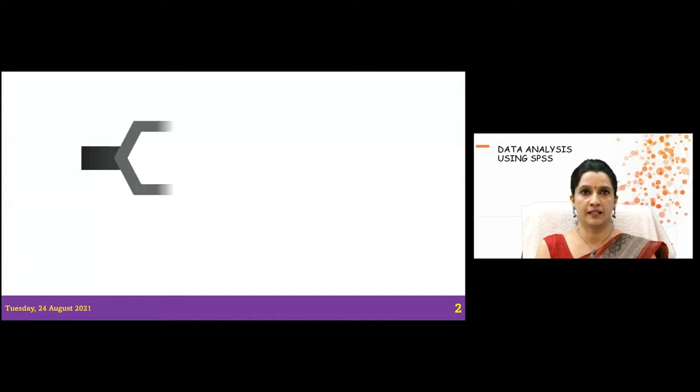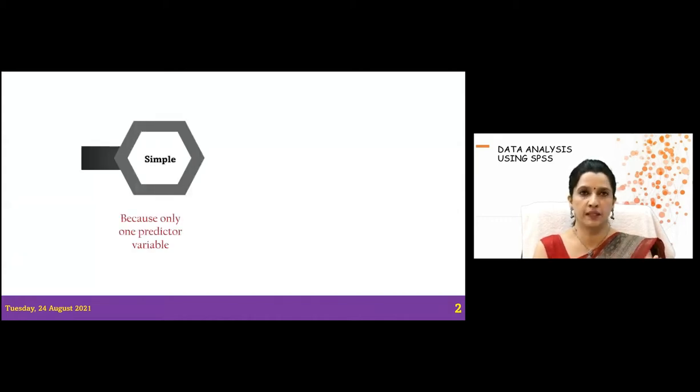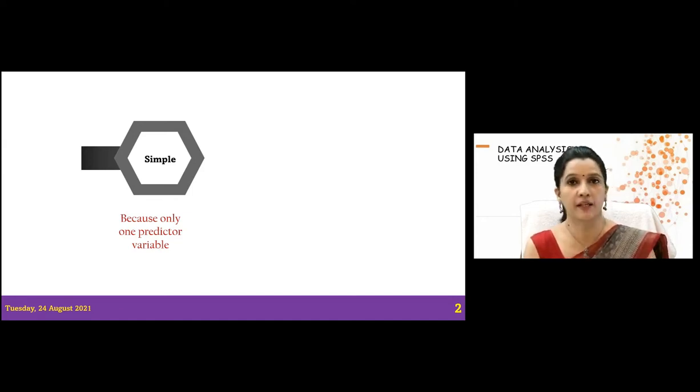So a linear regression, if you see a simple linear regression, so simple as the term tells you, it has got only one predictor variable. Now you know what a predictor variable is. There are two types of variable; we did that in the first workshop also. There is the dependent variable and the independent variable.